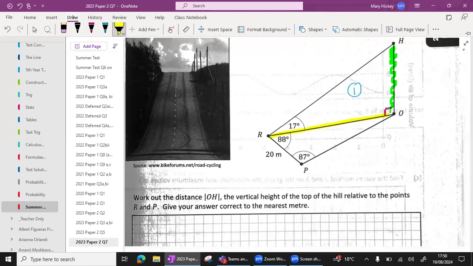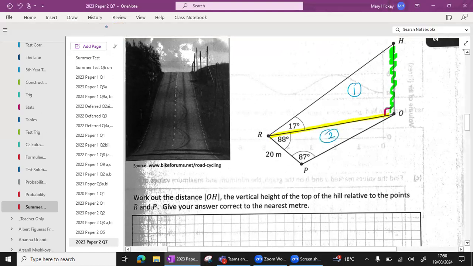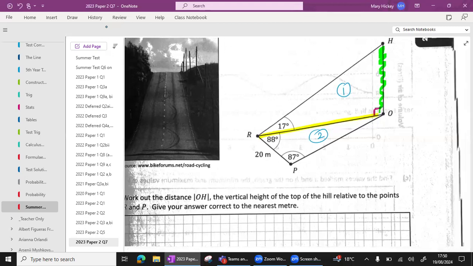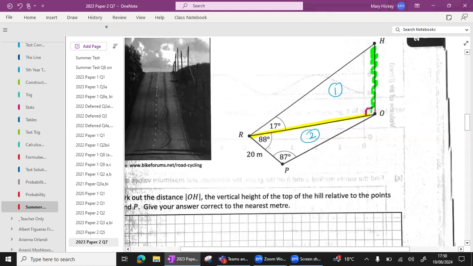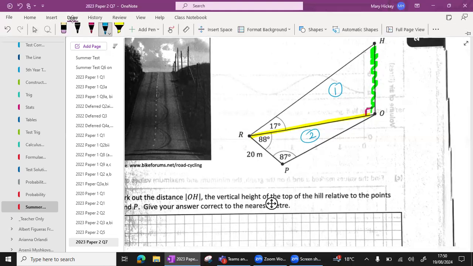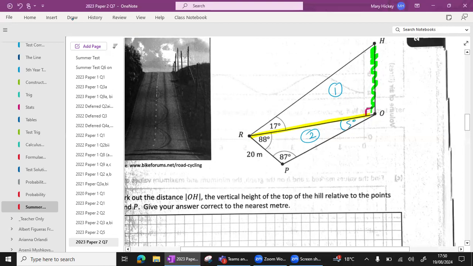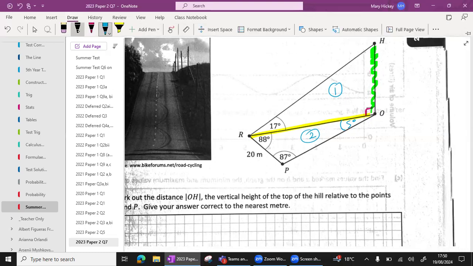When I look at triangle 2, this is not a right angle triangle. So straight away I'm thinking sine rule or cosine rule. Because I have 2 angles and a side, I'm thinking sine rule. The last angle has to be 5 degrees because the angles have to add up to 180.